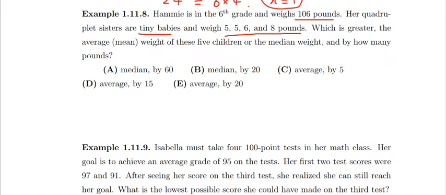So those numbers are like 5, 5, 6, 8, 106, right? So the mean, or average, is quite big, but the median is this. Okay, and the average should be like here, right?